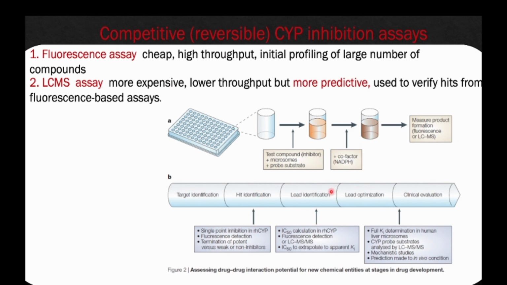For the lead identification phase, we'll perform IC50 calculations in the cytochrome, also using fluorescent-based detection or an LC-MS, and then also maybe look at IC50 to extrapolate the apparent Ki. It's not until we get to the clinical evaluation that we'll perform a full Ki determination in human liver microsomes, but also we'll look at the cytochrome probe substrates analysed by LCMS, and also look at mechanistic studies and predictions made in vivo conditions.